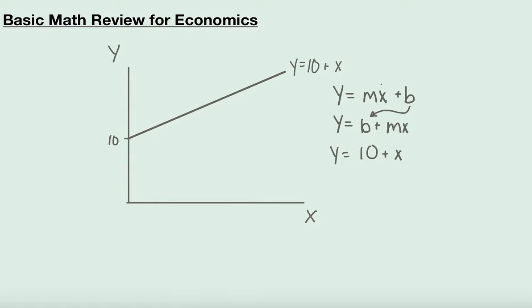If the slope stays the same and the intercept changes, it's going to be a parallel curve directly under our original curve. So in this example, y is equal to 8 plus x. The slope of the curve stayed the same and these shifts are parallel.